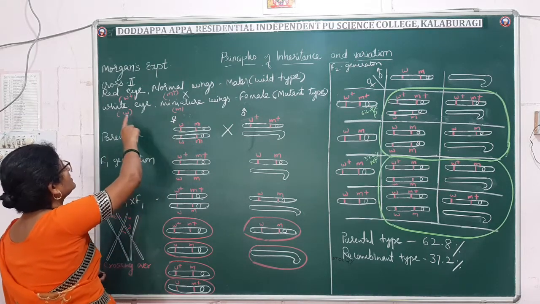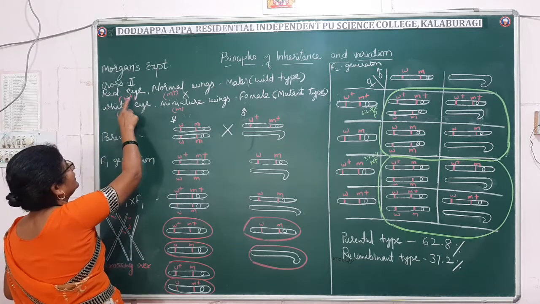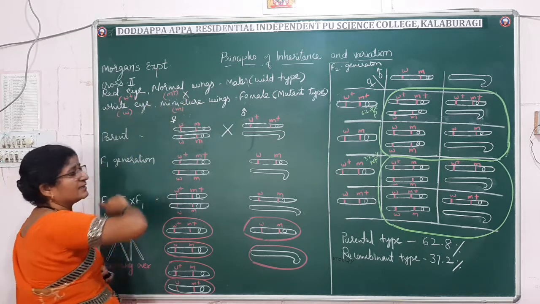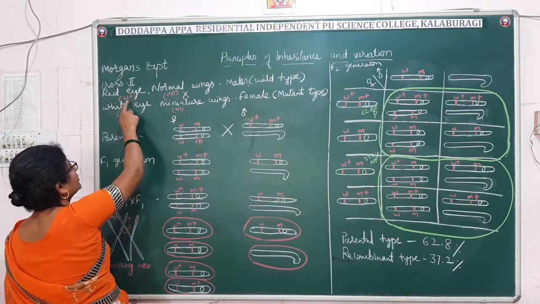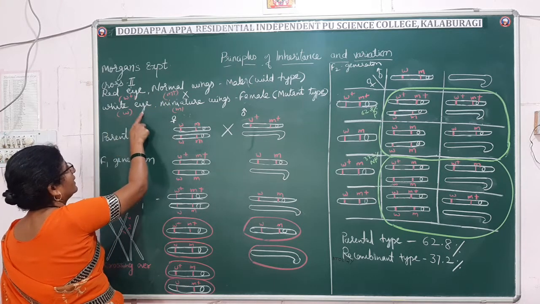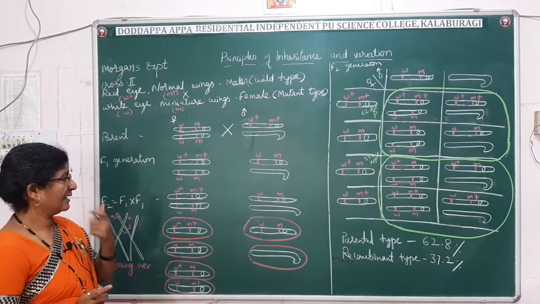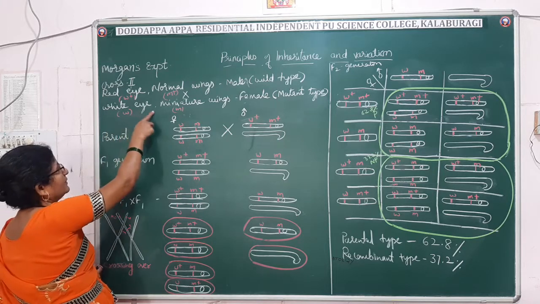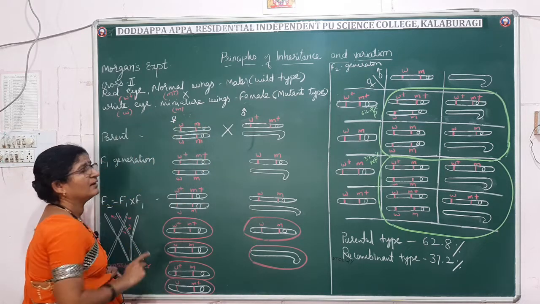So he took males as the wild type, that is red-eyed normal wings, or you can say large winged males, and red eye as usual indicated by W plus and normal wings M plus. White eyed and miniature wings females, that is mutant type. So white eye is indicated by W and miniature wings were indicated by M.